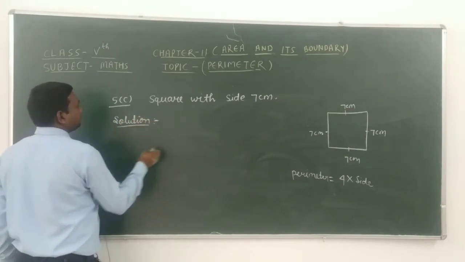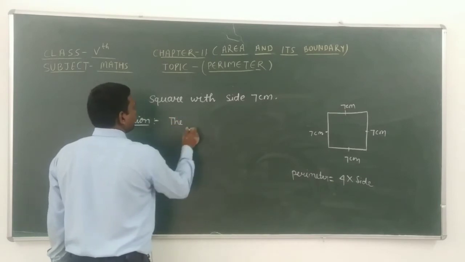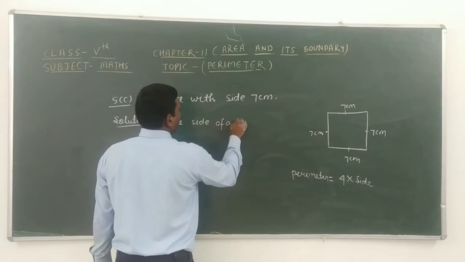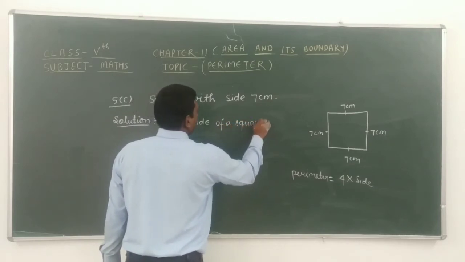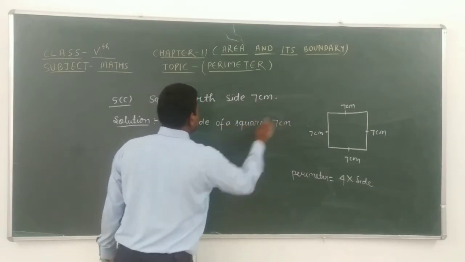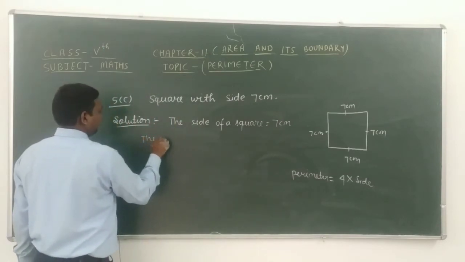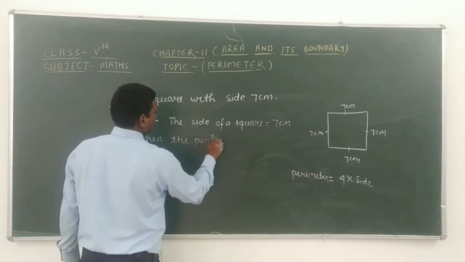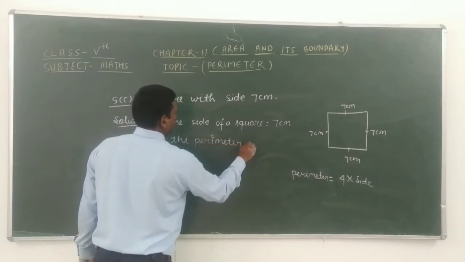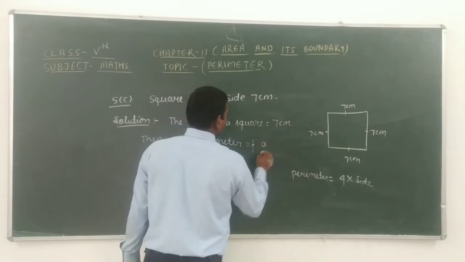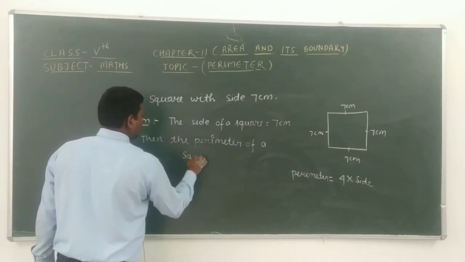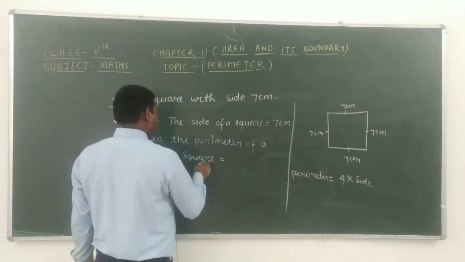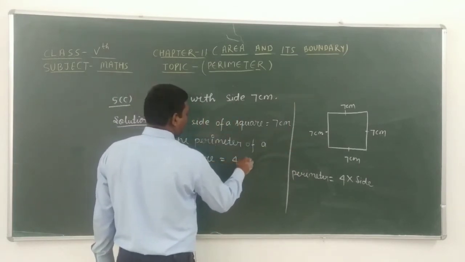Here given that the side of a square is equal to 7 centimeter, then the perimeter of a square is equal to 4 into side.